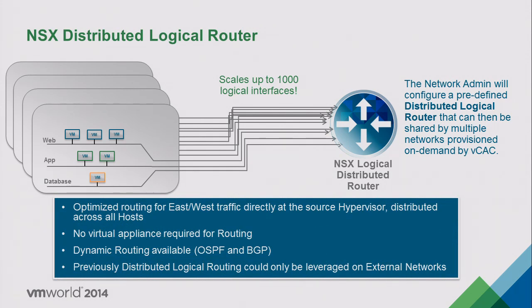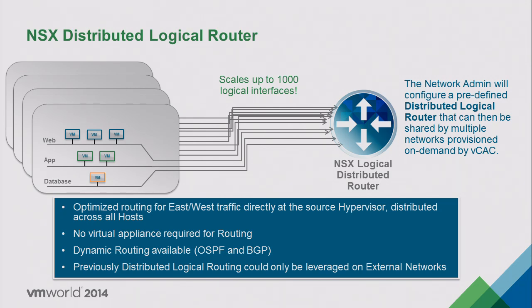And then here's some more added benefits of no virtual appliances required for routing, so you're not actually spinning up things into your infrastructure. It's all done through the kernel. Dynamic routing available in OSPF and BGP, and then previously distributed logical routing only could be leveraged on external networks. Now we can do it at the underlying networks as well.